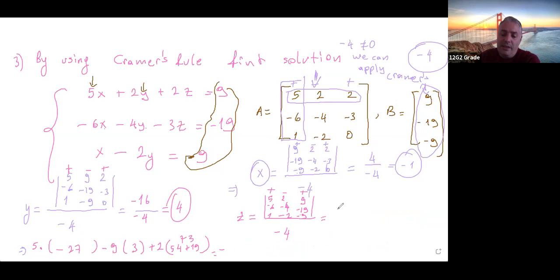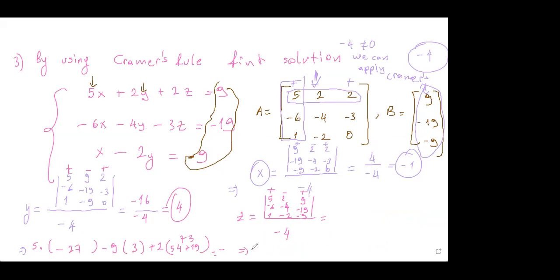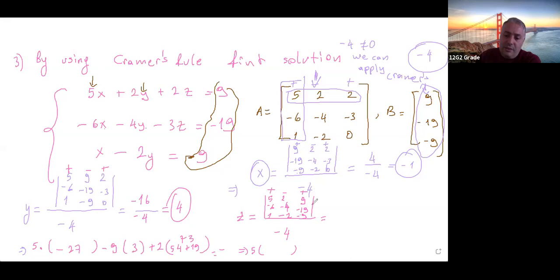So let me do it here. 5 times, close this, negative and negative, positive 36 firstly. So negative 19, negative 2, it will be positive 38, but there is minus, so minus 38. And then minus 2 times, close this one, it will be positive 54. So I close this, positive 54, and minus 19, but plus 19.